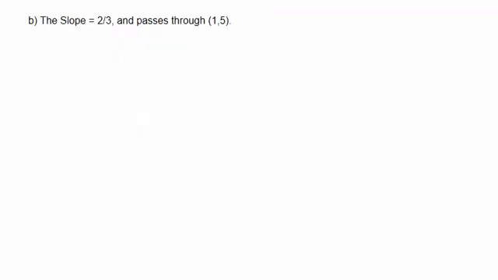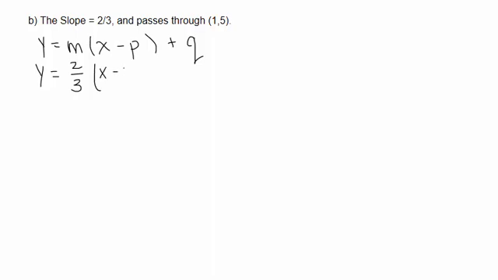Next example, let's do the exact same thing, only this time the line has a slope of 2/3 and passes through the point (1, 5). So y is equal to m bracket x minus p plus q. Let's plug in our slope, and then we can plug in 1 and 5 for p and q. Now let's distribute our slope inside the brackets.